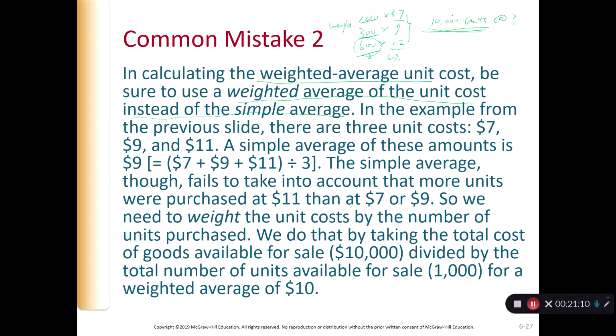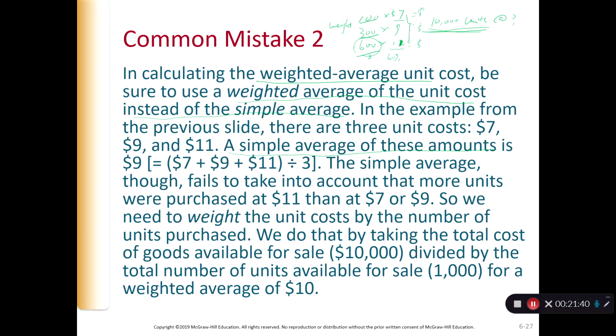In other words, for the weighted average, you need to add up the unit multiplied by price for each layer of the total cost, instead of using a simple average of the cost only, instead of just adding 7, 9, and 12 together and dividing by 3, okay?